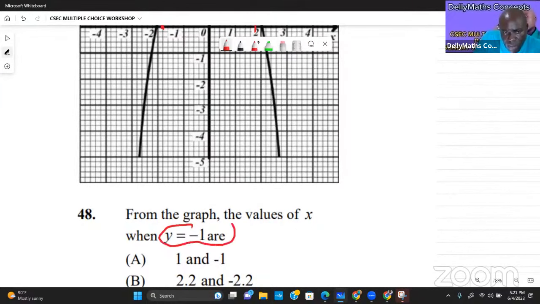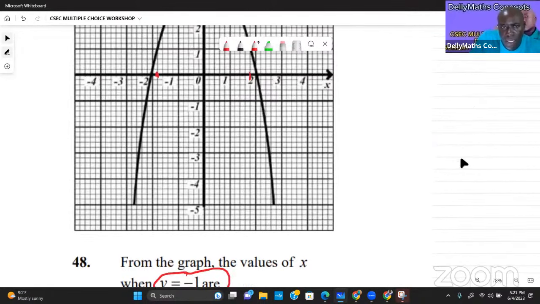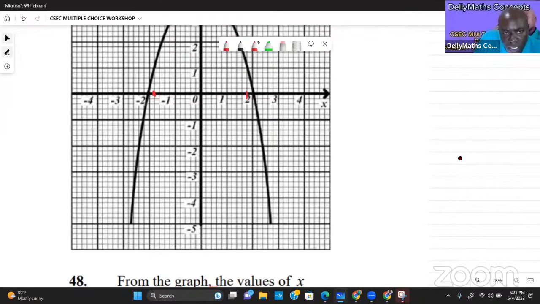Let me circle it. All right, so let's go where -1 is on the y-axis. So we're focusing on that number. This is the line that passes through it. So we touch the curve here. That's one of my answers. All right, sorry about that. I was looking at +1, but the question said -1, okay?